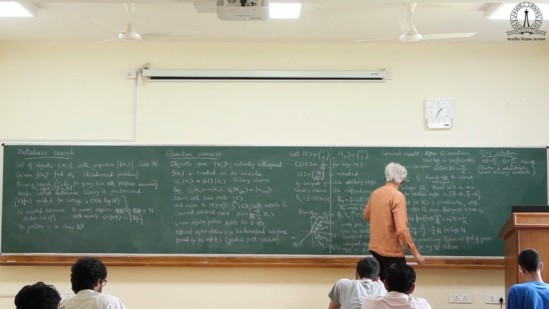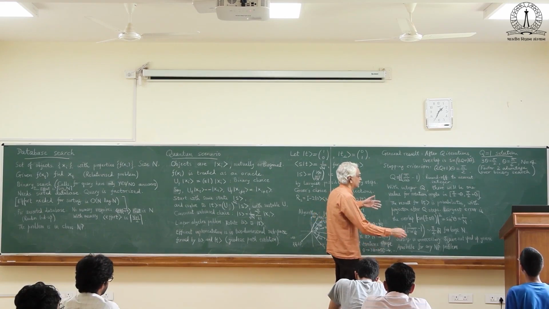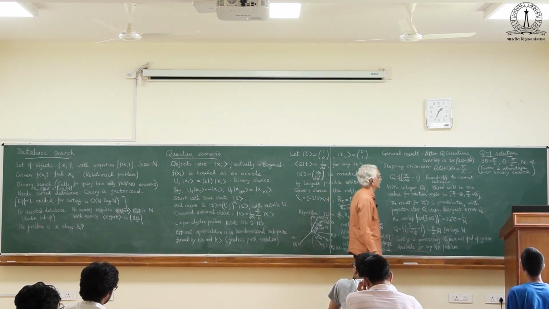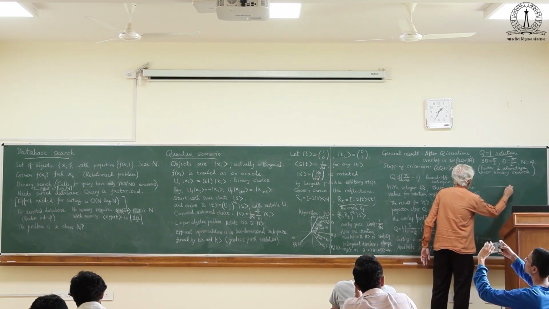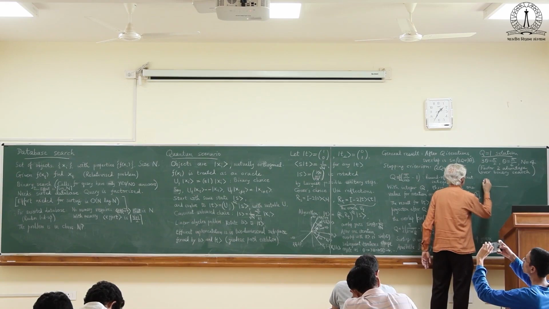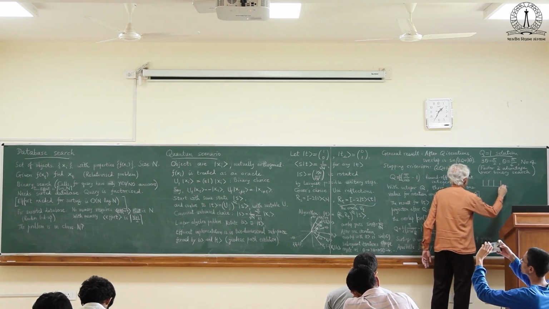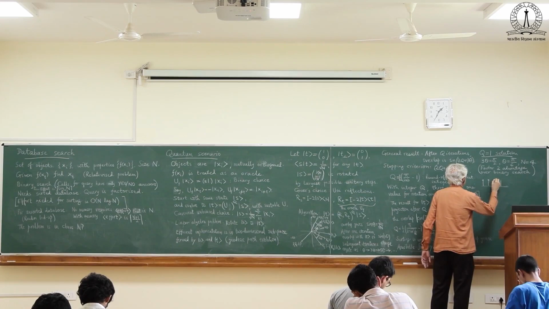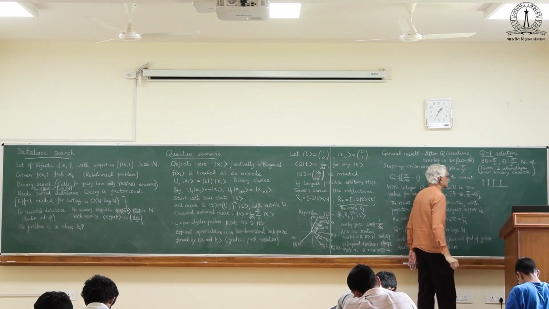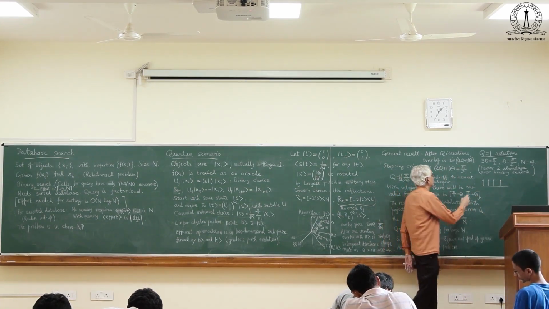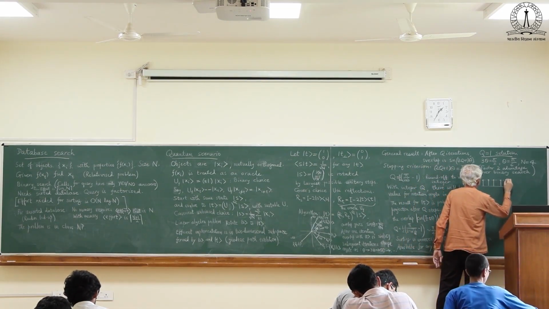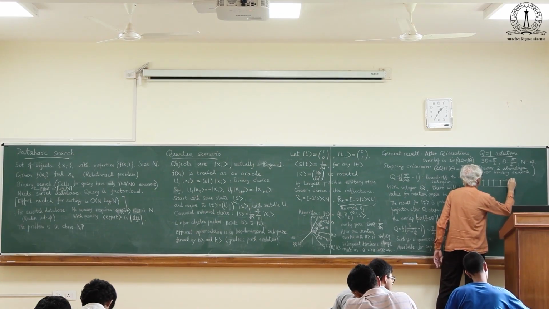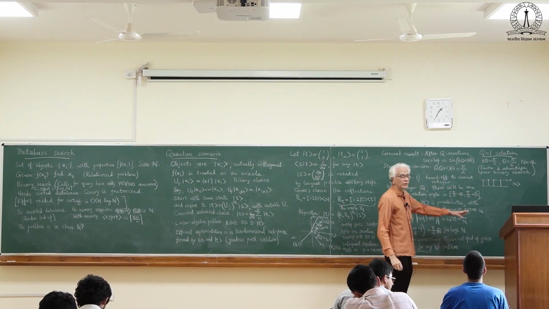So now let me write down all the geometrical picture in a different way. Basically the initial state, which I'm describing as 4 possibilities.